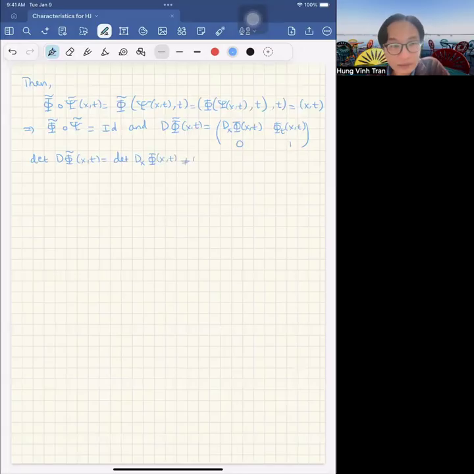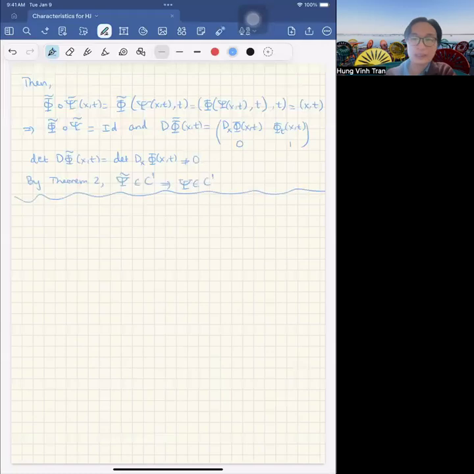This is not 0. Then by the inverse mapping theorem, theorem 2, c tilde is C1. So this implies that c is C1. So we are done with the implicit mapping theorem and the inverse mapping theorem.